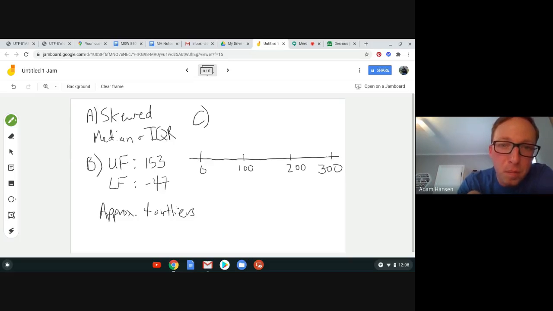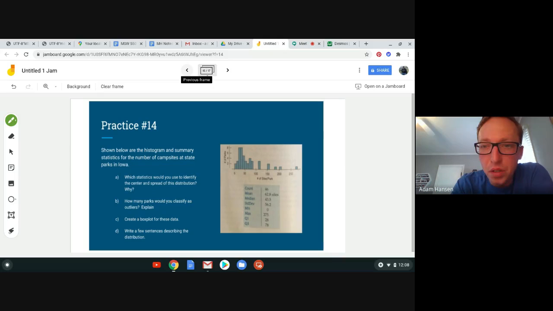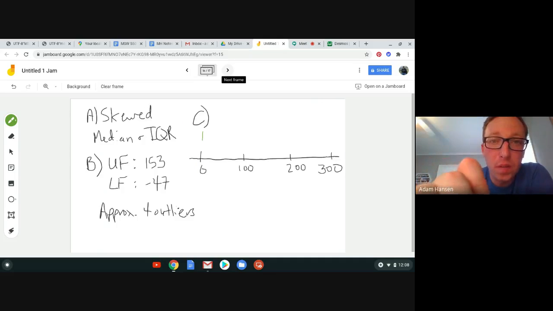Now our minimum was 0. Our maximum was 275. But I only want to draw my box plot out to the data point that is the highest non-outlier, which according to my upper fence was 153.